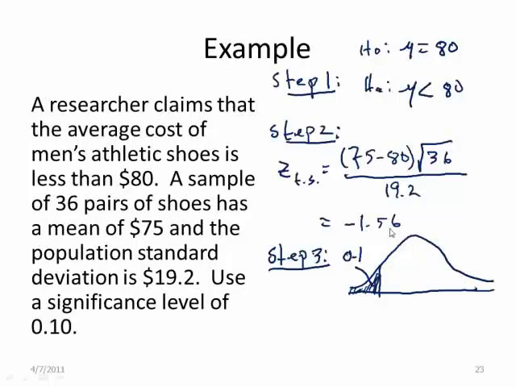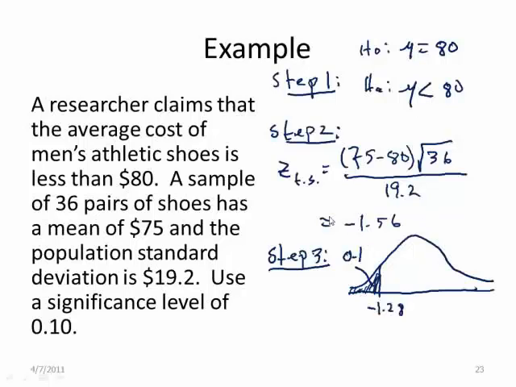So if we use the inverse norm command or we look up in the charts, what area are we going to enter into the command or look up in the table? 0.1. So when you do that, you should come back with negative 1.28.